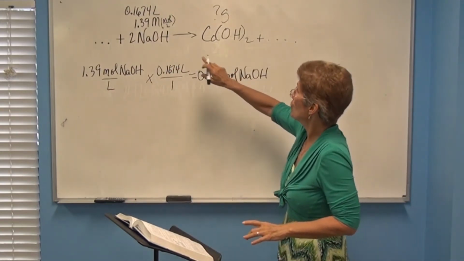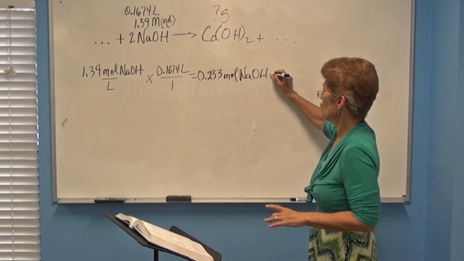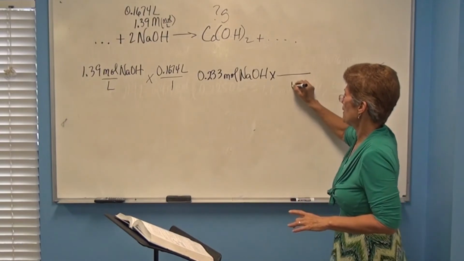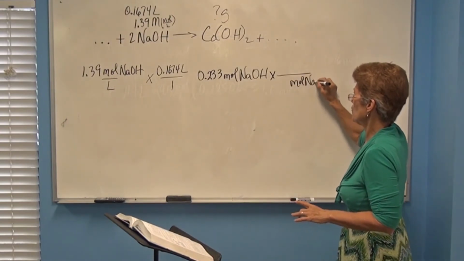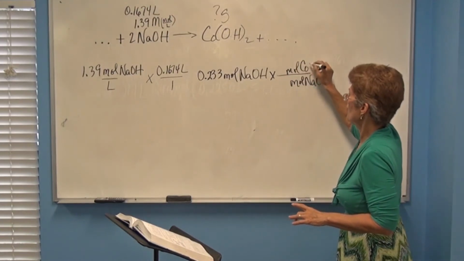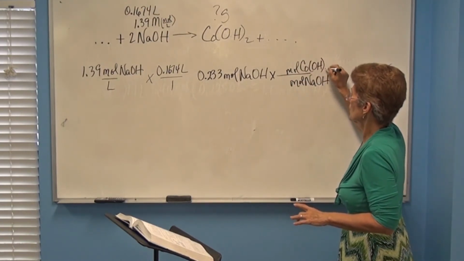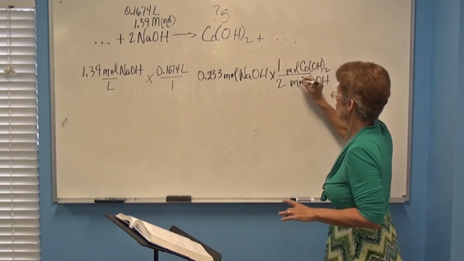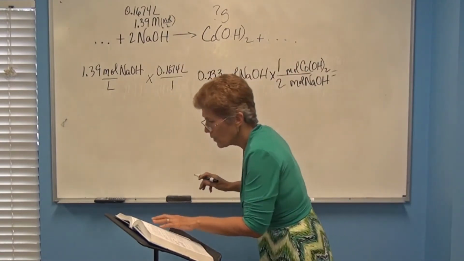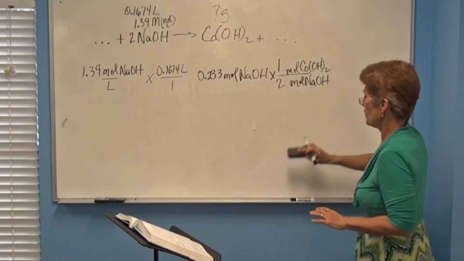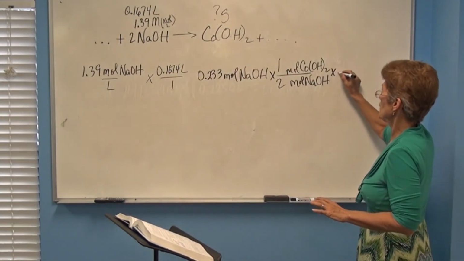Now, once we have the moles, we can go across the mole bridge or the mole tunnel, however you want to look at it. So I'm going to ditch that. And I'm going to make this moles of sodium hydroxide to moles of cobalt hydroxide. And there's 1 to 2, so 1 to 2. And then we're going to grams. So let's not make a step in between. We'll just go like this.